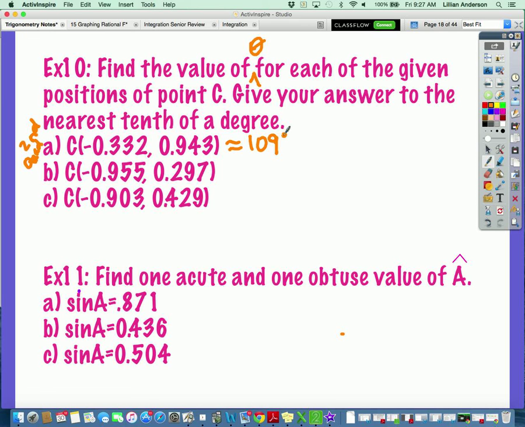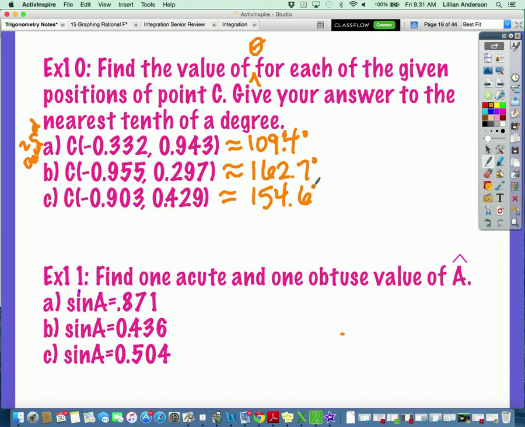The two numbers add up to 180, but you're going to want the bigger one. So what did you guys get for angle B in example 10? Was this 109 point something? 109.4. And all of those represent an angle that's in the second quadrant.